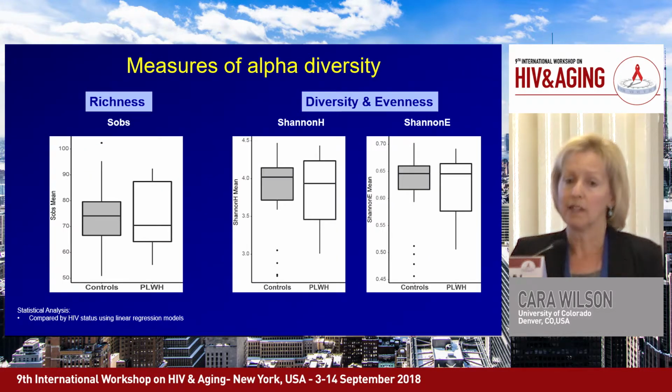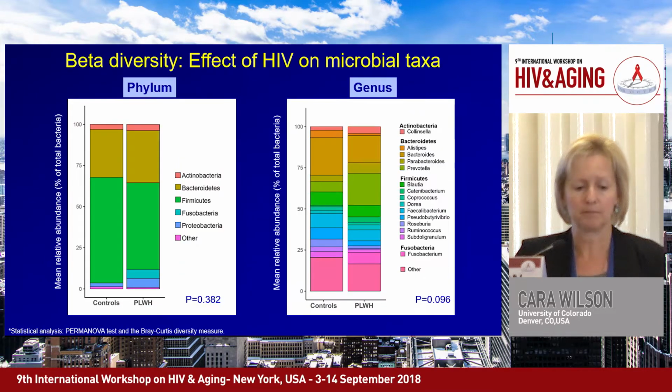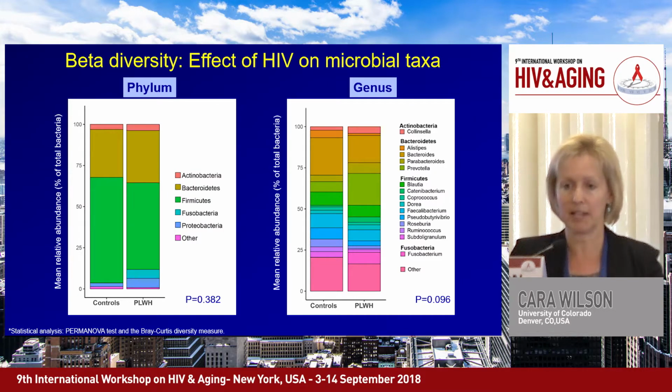Just very briefly, we did not see differences in alpha diversity, which is basically counting up the number of taxa that you see between our infected and uninfected cohort. However, when we looked at beta diversity, and that is really looking at the abundance of different bacterial taxa, we did see differences.